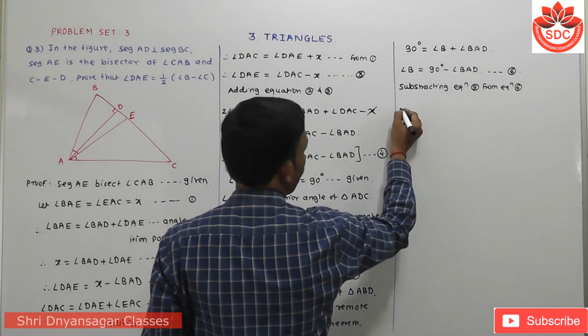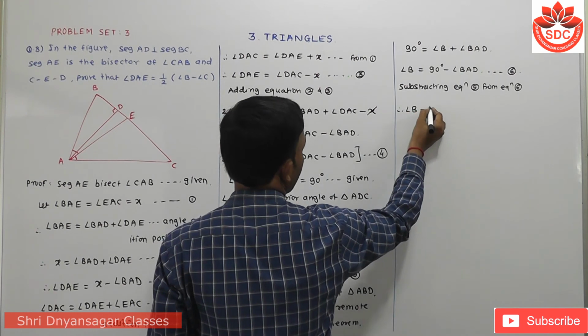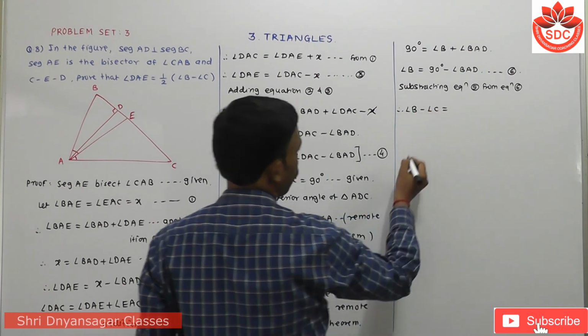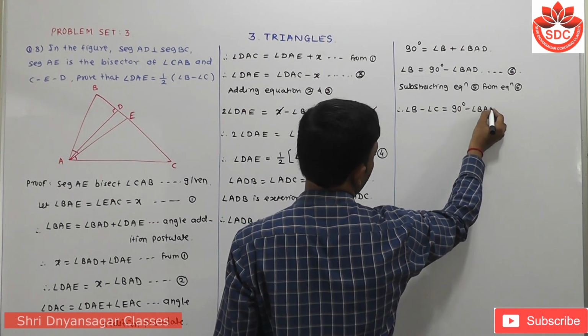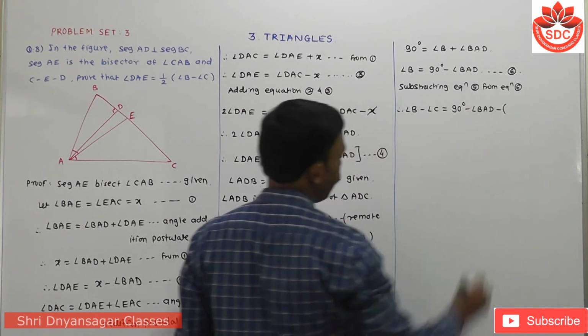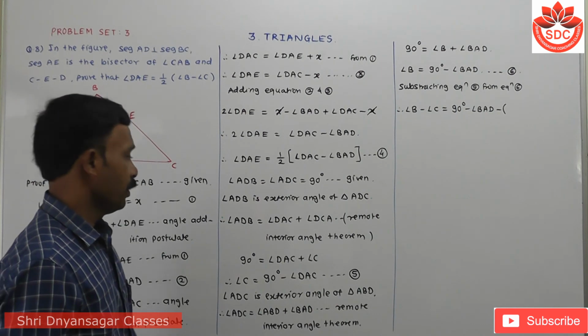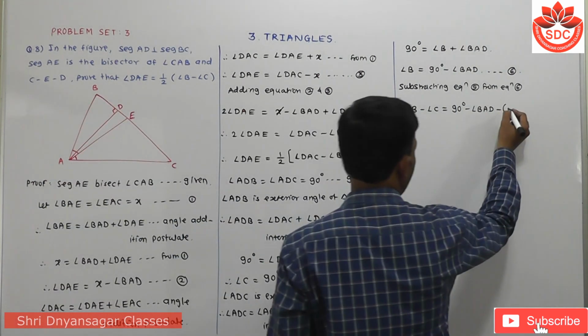Therefore, angle B minus angle C is equals to, first I have to write B is 90 degree minus angle BAD, minus, again take in bracket here, 5 is 90 degree minus angle DAC.